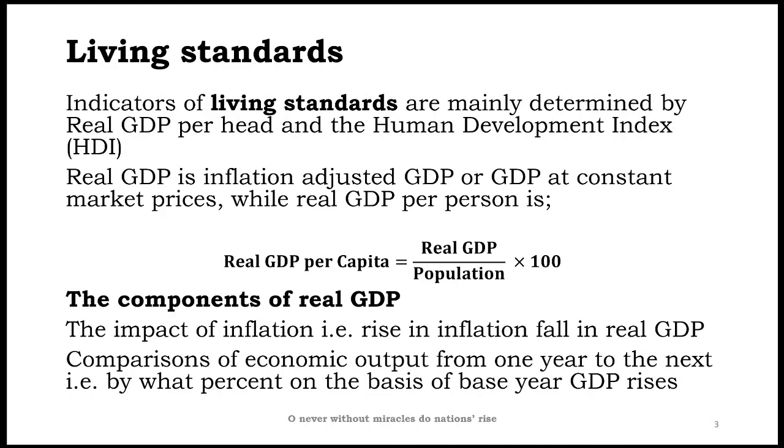So, inflation helps us to compare economic output from one year to the next on the basis of a base year GDP, which means that on the basis of the base year, we can find out by how much, or by what percentage, the GDP of this year or the next year has risen.